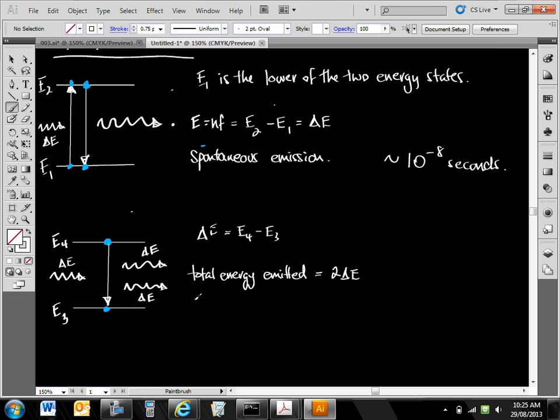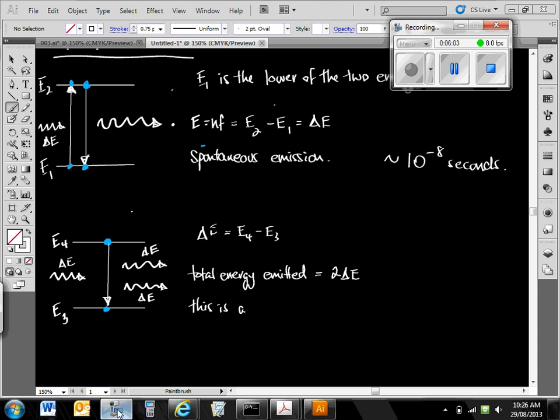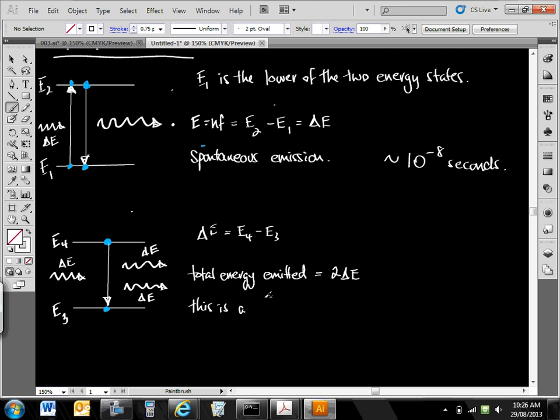Remember that this is a very specific transition in a very specific atom.